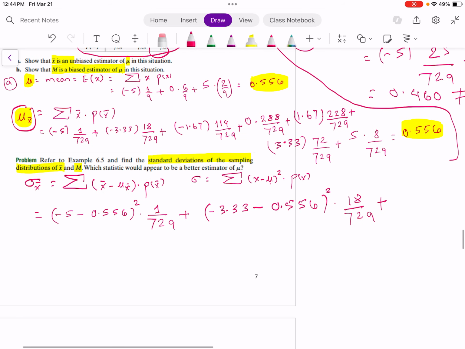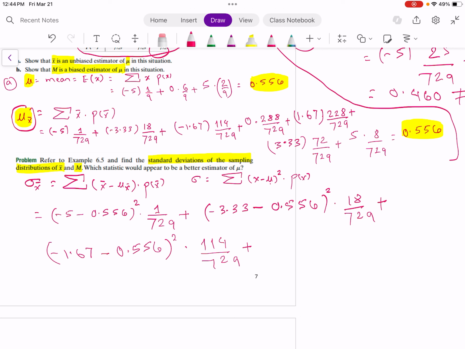Now let's take another value of X bar, which is -1.67 minus mu of X bar, that is 0.556 squared, multiplied by probability 114 divided by 729, plus.